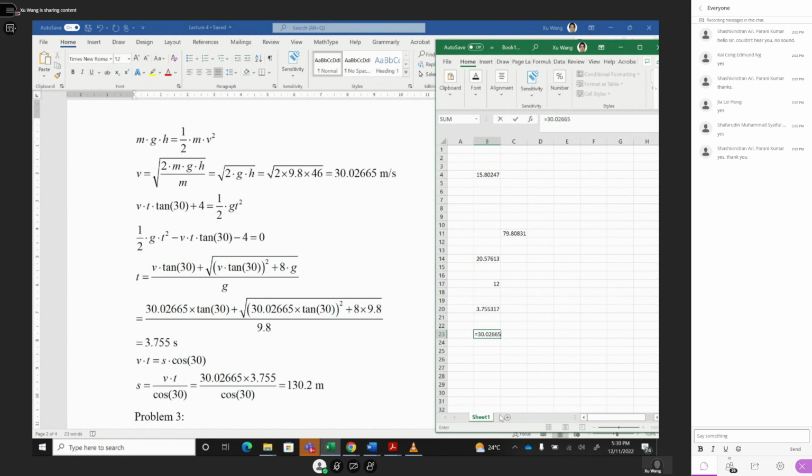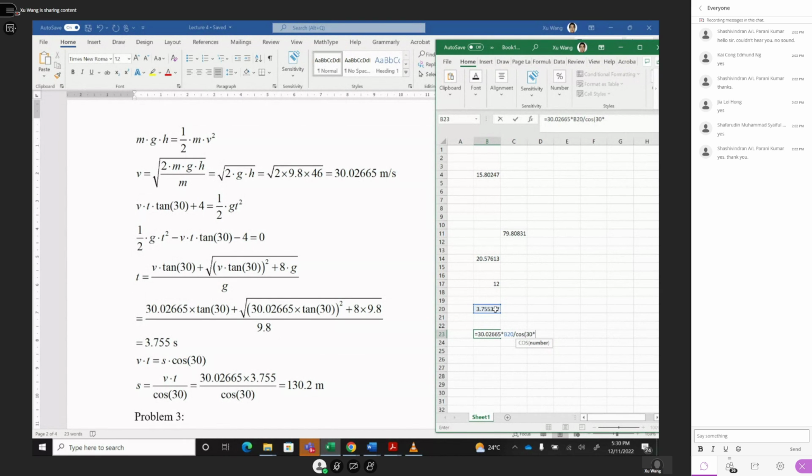30.02665, right? And multiply by 3.7. Sometimes if you're lazy, you can use this one, save your time. You can select that one, multiply that one. That's good enough. And divide by cosine, and this is 30 degree.